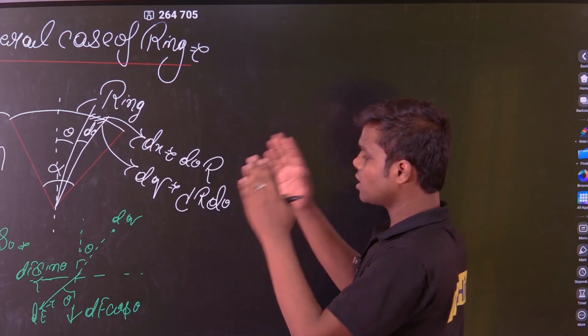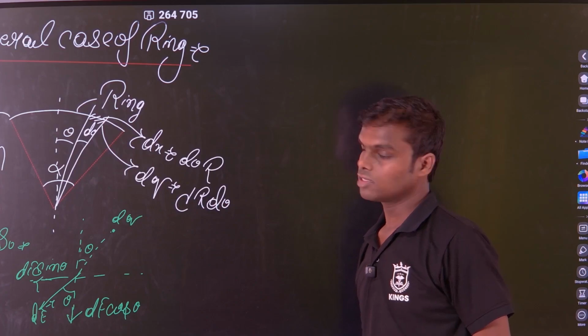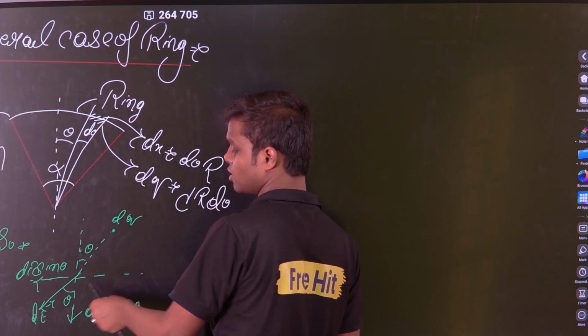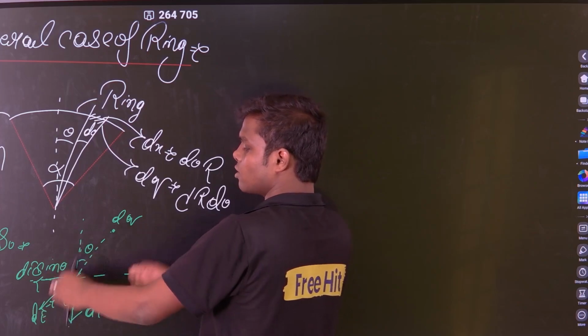Now, conceptually, tell me which component will be cancelled out. See, if I take the element here, again I will get cos theta and sin theta. So sin theta will automatically get cancelled out.